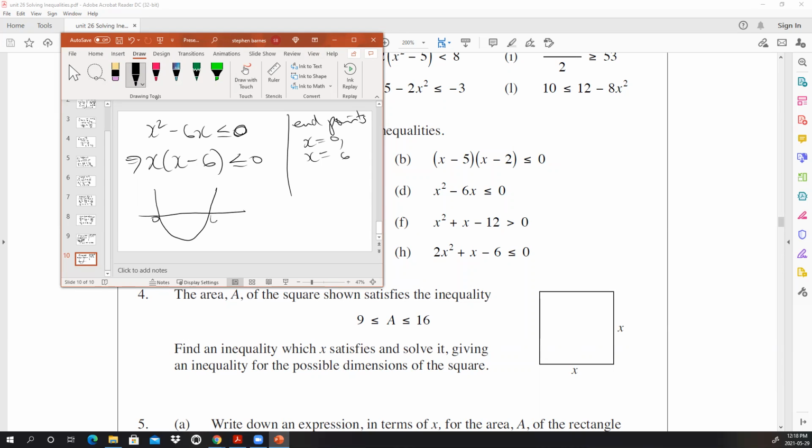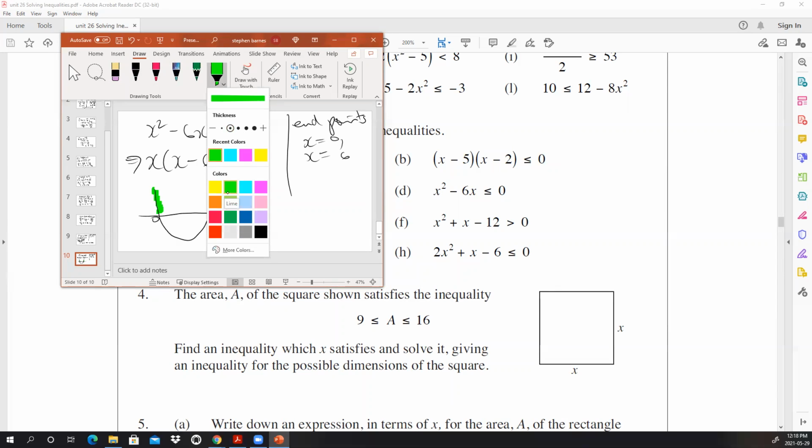So 0 and 6 are your x coordinates for this curve. Up here represents y values that are greater than 0, and down here represents y values for the graph that are less than 0.